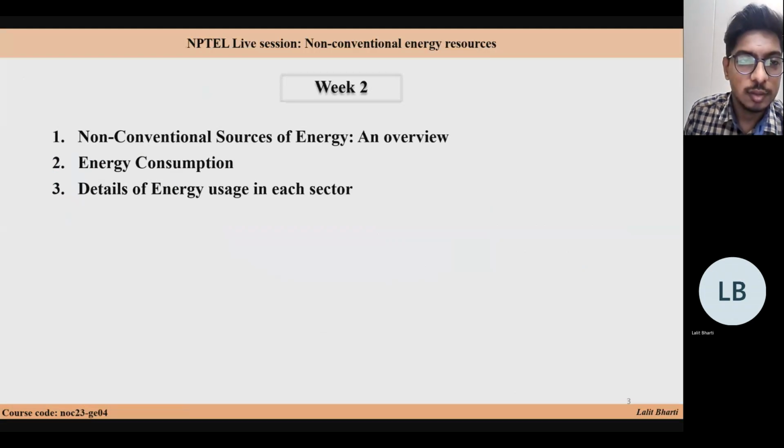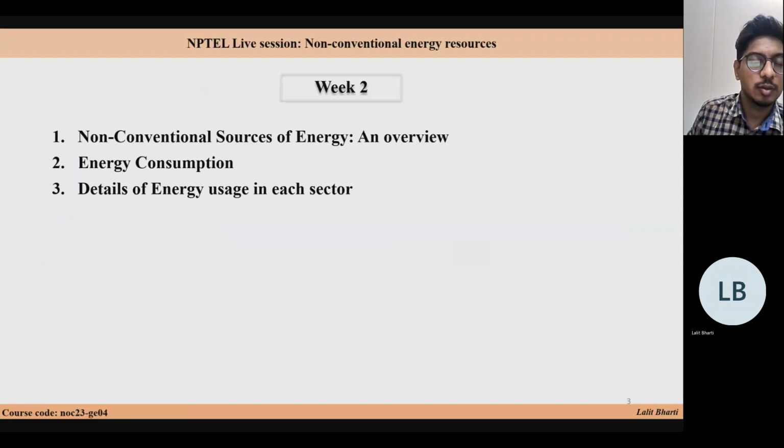So basically in the NPTEL lectures, in week 2, these 3 broad topics were covered. First is the non-conventional sources of energy. In this chapter, all the non-conventional sources of energy were discussed, like geothermal, solar, wind. These are basically the sources beyond conventional energy.